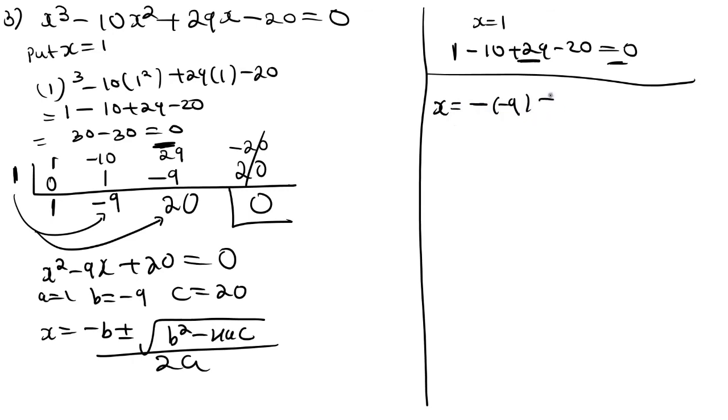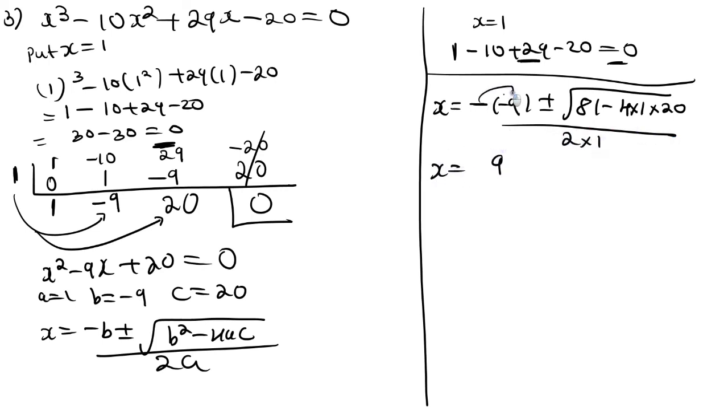Minus 9 plus or minus square root of b square. b square is 9 square, 81, minus 4 into a value is equal to 1 into c value is equal to 20, divided by 2a. 2 into a is 2 into 1. So x value is equal to 9, right? Minus into minus plus 9 plus or minus square root of 81 minus 80 divided by 2.